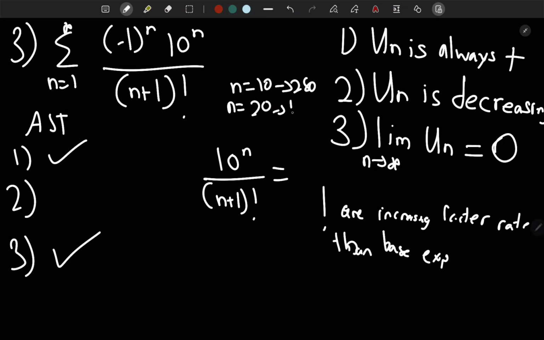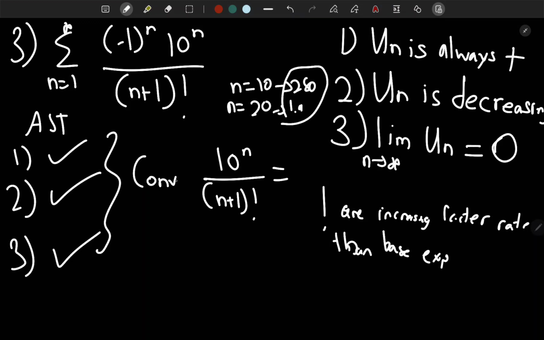Oh, it's going to be 1.9. So you can see the immediate effect of the factorial taking over as n is increasing. So here we can conclude that u of n is always decreasing, and the second condition is also fulfilled, and here we can conclude that it is a converging series.